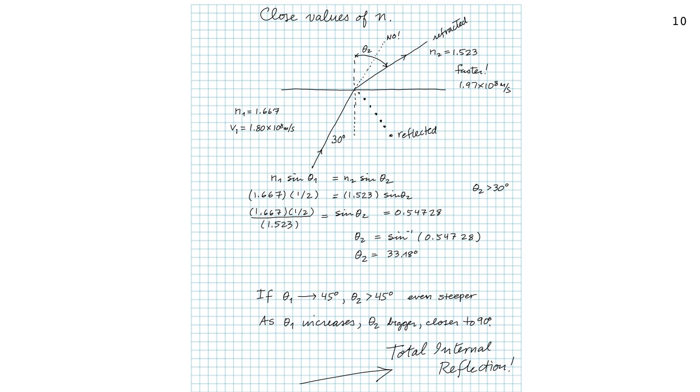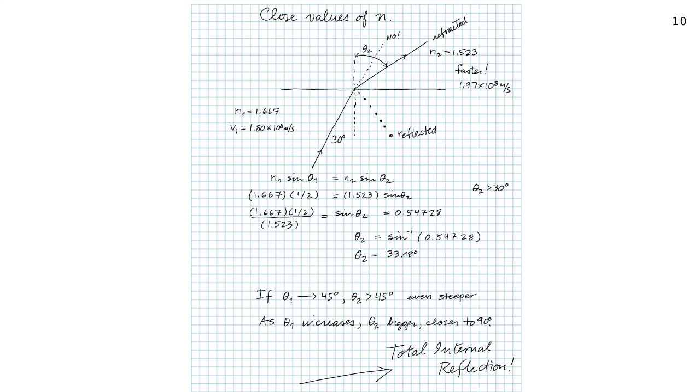And you can calculate the speed of light in that medium if you want. I think I actually did it. It's 1.97 times 10 to the 8 meters per second. And down here, V1 is 1.80 times 10 to the 8.